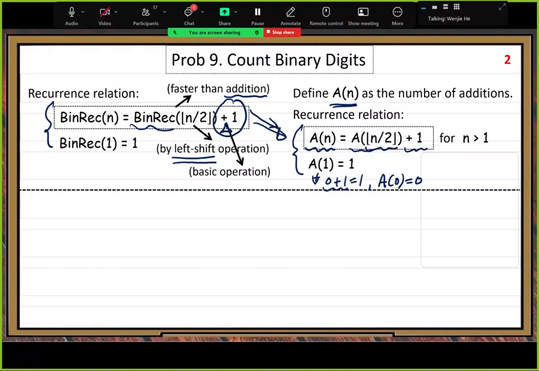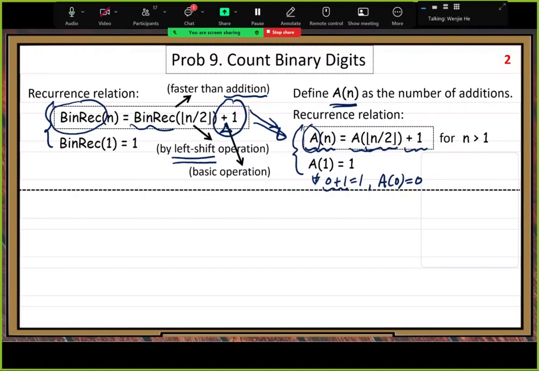Although these two functions, bin rec and the A function, are different, with different definitions, they are mathematically the same function. That means they should have the same math formula.